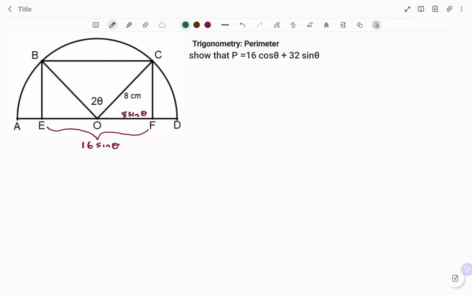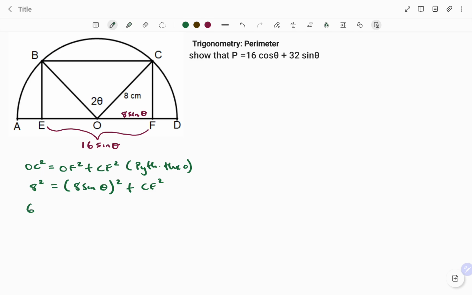So the distance OC, that's the hypotenuse, so I have OC squared is equal to OF squared plus CF squared. That's your Pythagoras theorem, not your trig ratios. OC from the diagram is 8 centimeters, so I have 8 squared equals OF, that's 8 sine theta all squared, plus CF squared.